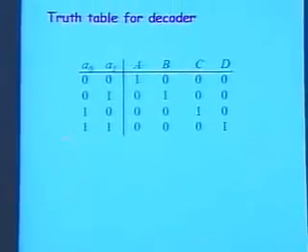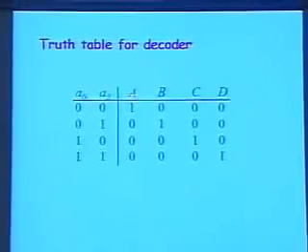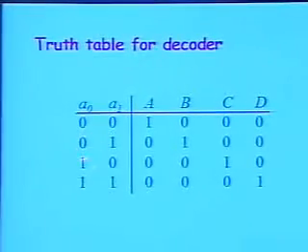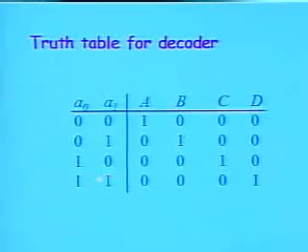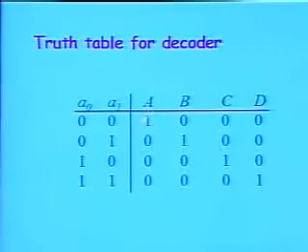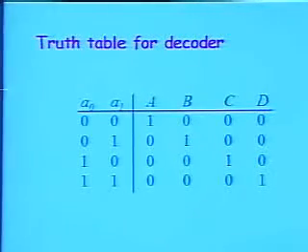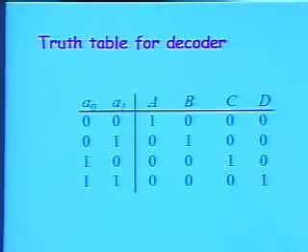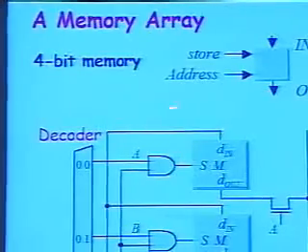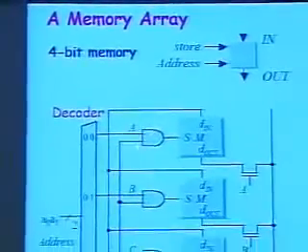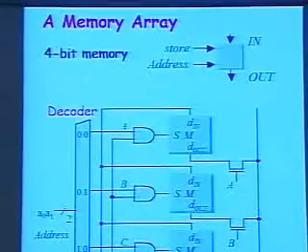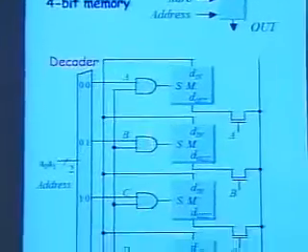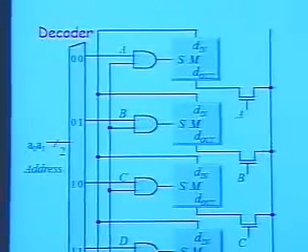Let's look at the truth table. This is the truth table for the decoder. As you can see, depending on the address that I have here, this is 0, 1, 2, and 3 in binary, only A, B, C, or D is high, which means that this AND operation here only allows the input that is presented to all of the cells to go through the AND gate here and appear at the output.